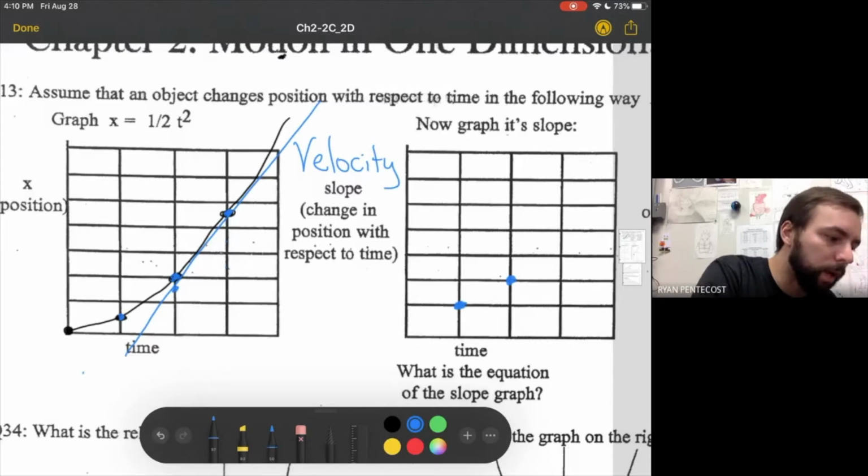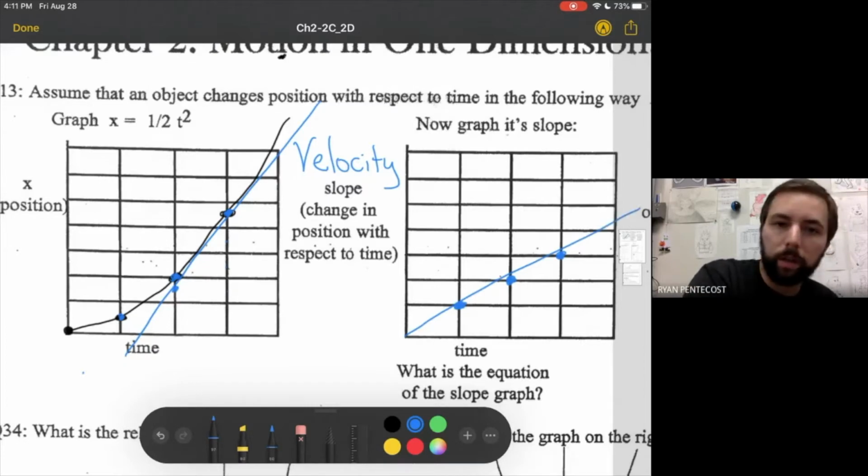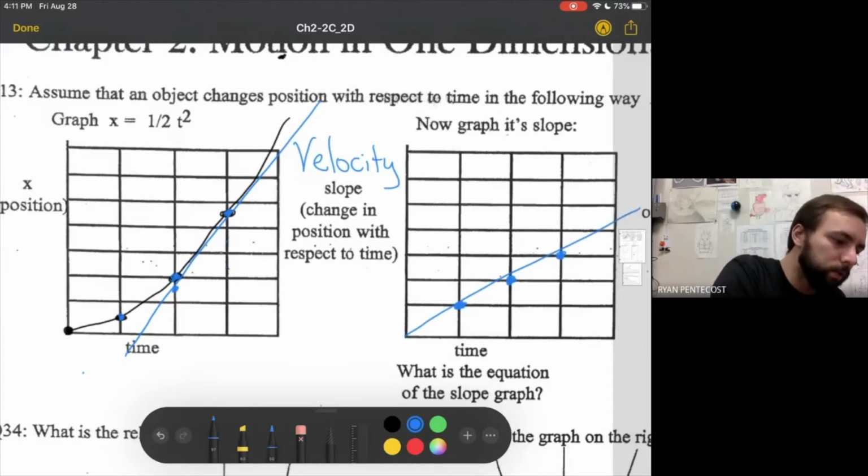So there we almost have a slope of 3. Slope of 3. So it appears that the velocity in this case would be v equals t.